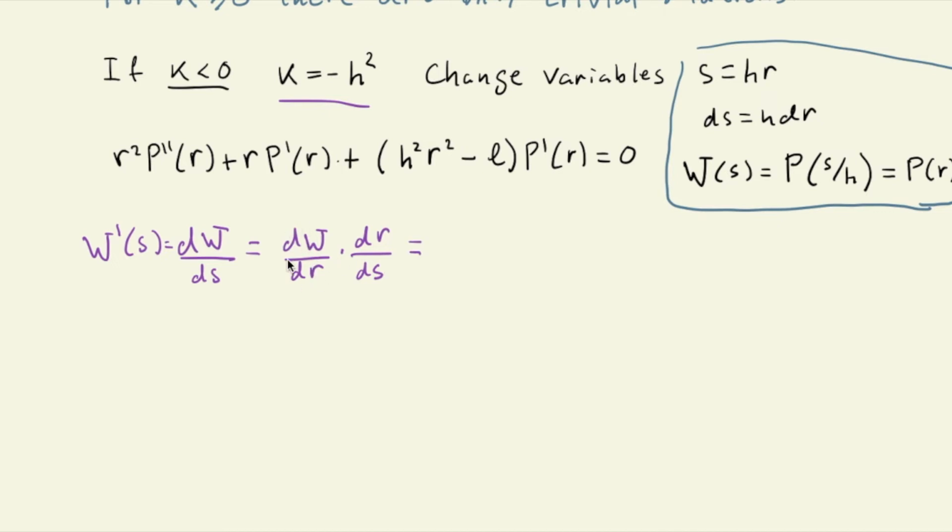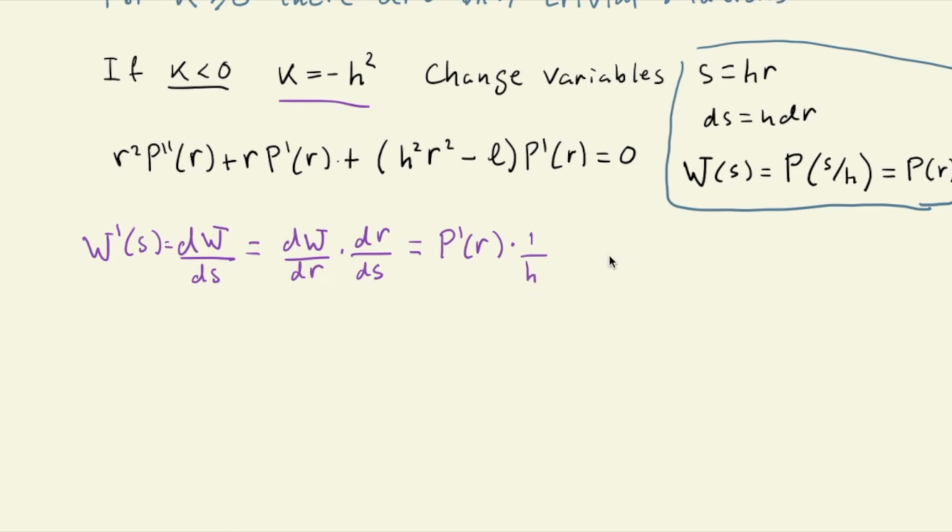And then to compute the derivative of w with respect to r, you look at this formula here. W of s is the same as the function p of r. So if you take the derivative in terms of r of w, what you get is p prime of r. And what is dr ds? You can look here, dr divided by ds, that's 1 over h.